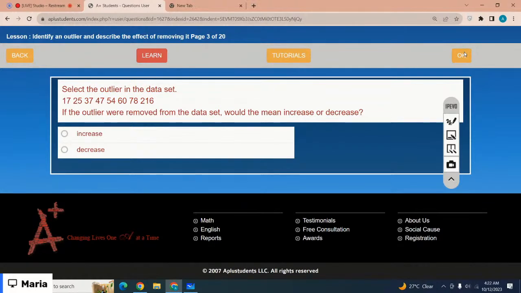That is large enough compared to the other numbers, right? So when you remove 216, because 216 is a very big number, the mean decreases, right? When removing the big number, the mean is decreased. Got it? That would be decrease.